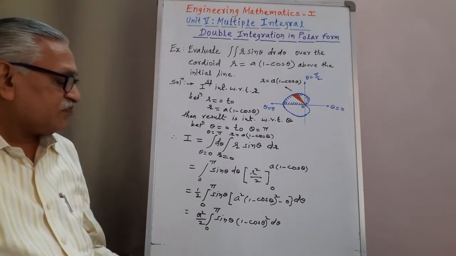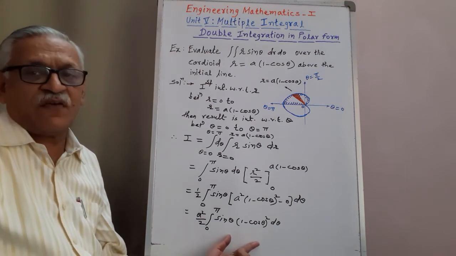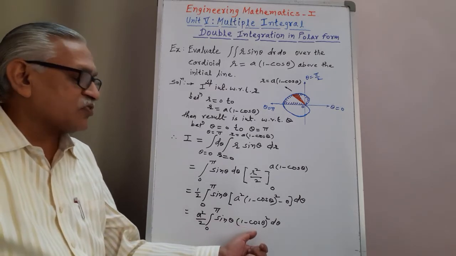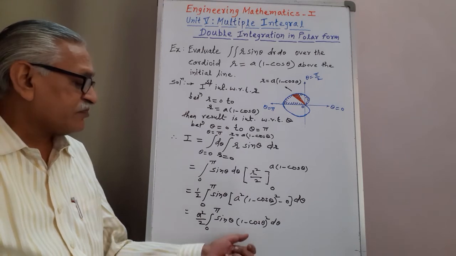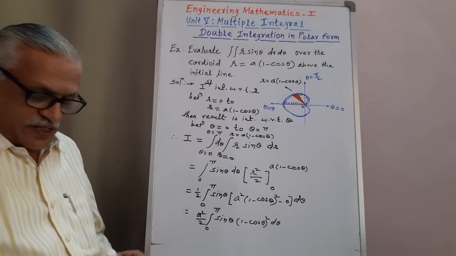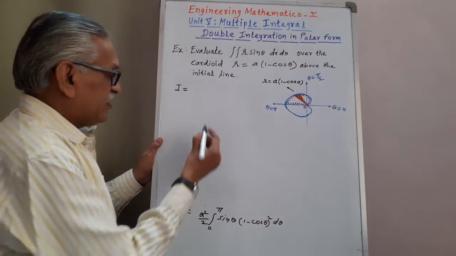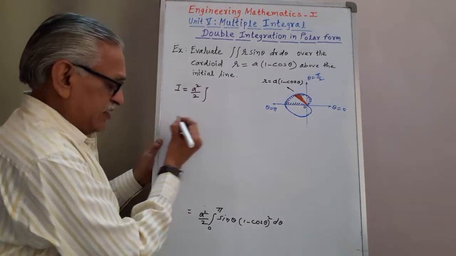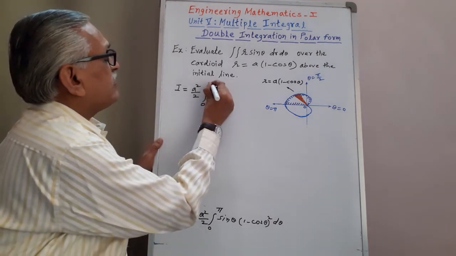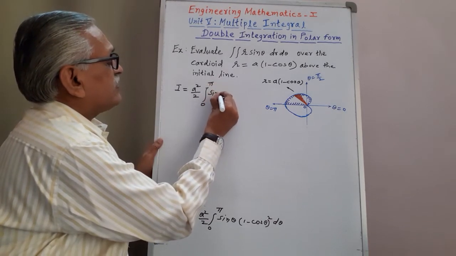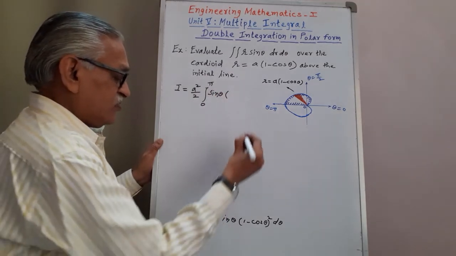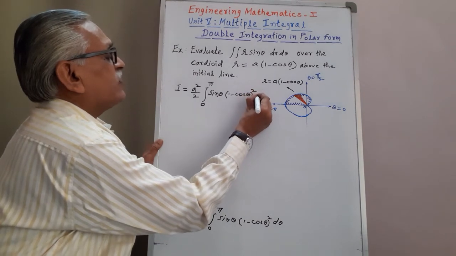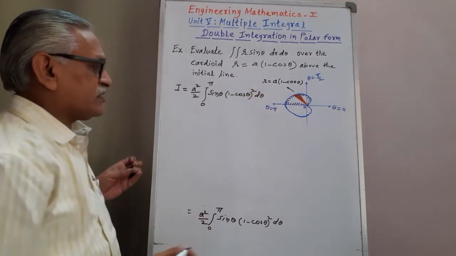Then we try to convert this to half angle. Sin theta we know as 2 sin theta by 2 cos theta by 2, and 1 minus cos theta is 2 sin square theta by 2. Therefore, converting it, that step once again here, it is a square by 2 integral from 0 to pi, sin theta into 1 minus cos theta bracket square with respect to theta.